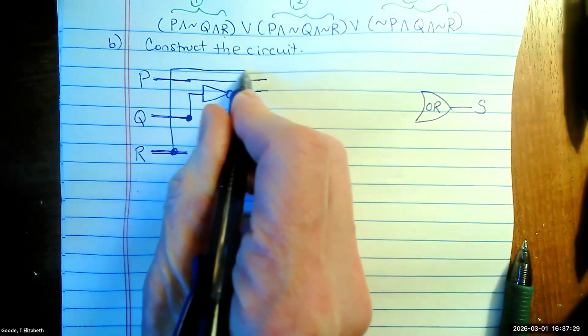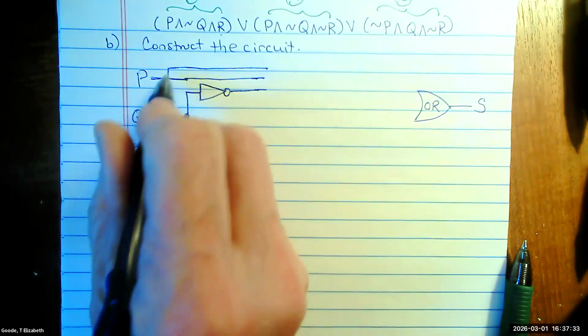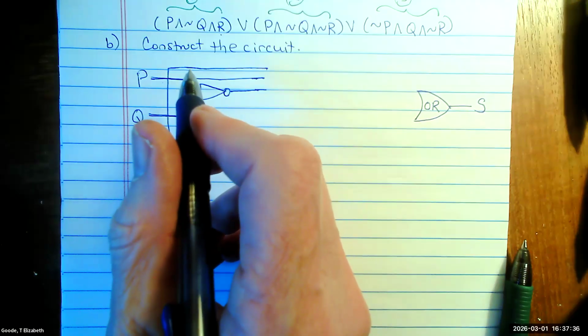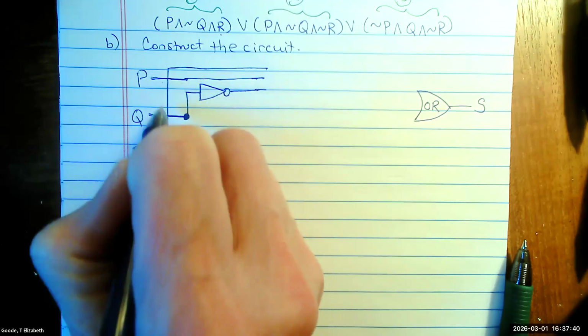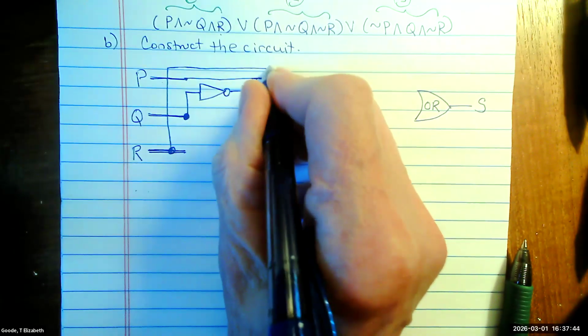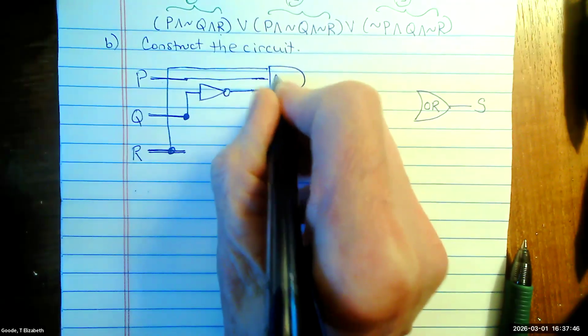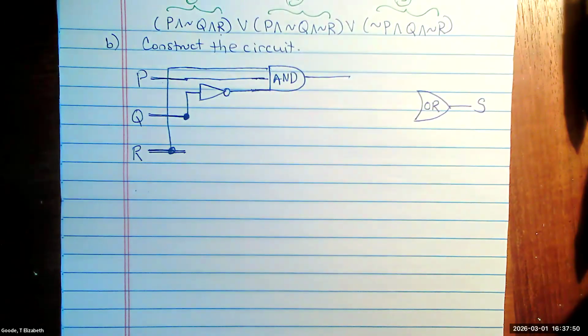When it crosses, it's not touching because I didn't draw a dot. We don't want the R wire to touch the P wire. It can cross it, but it can't touch it. So here we have all 3 of the wires that we need to create the AND gate for expression number 1. You see that?